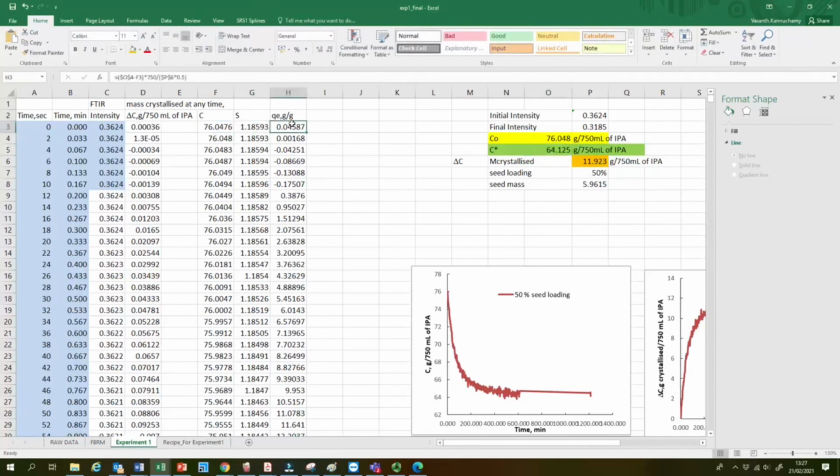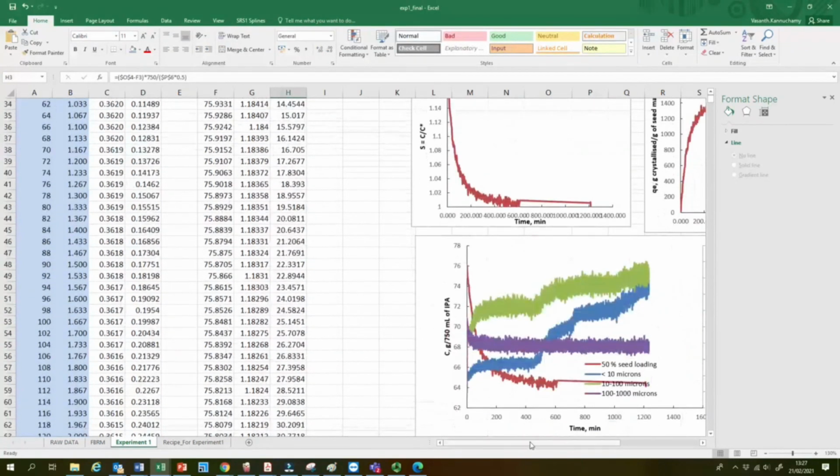We also have the mass of seed crystals that we added, in blue highlight, which is here, 5.9615. Just follow the cursor. From that we can calculate Qe using the formula I already explained, and from that we get the correct graphs also.